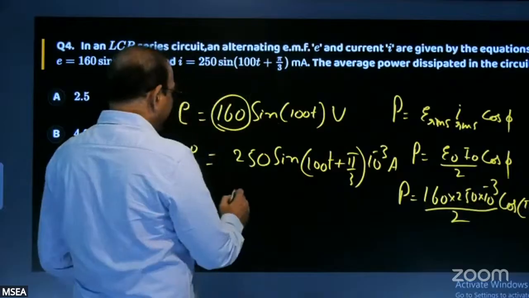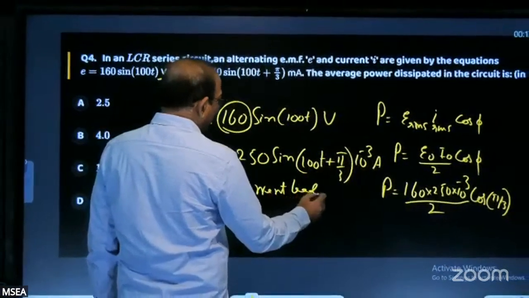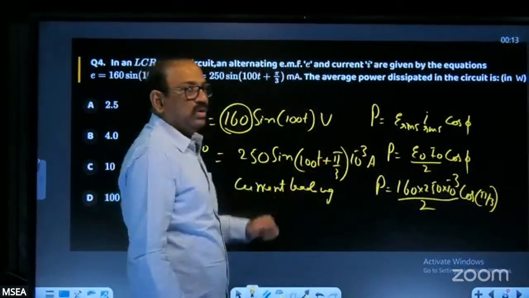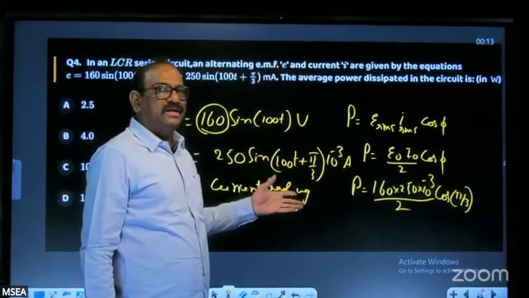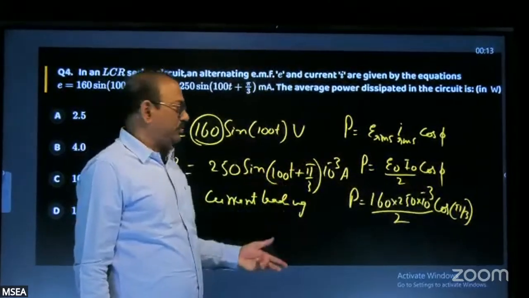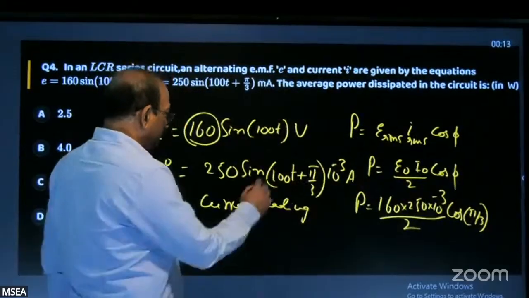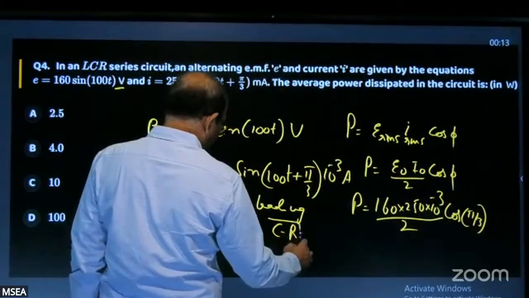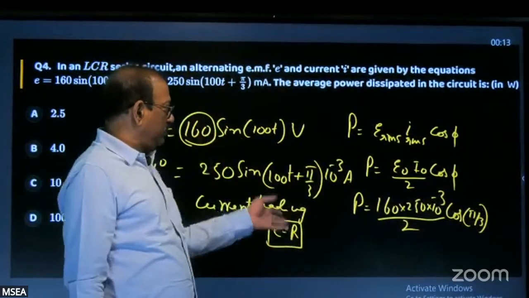That means current is leading. And by how much phase angle? It is not pi by 2. If it is pi by 2, it is a pure capacitor circuit. Current leading by pi by 2 phase angle means pure capacitor. This is less than pi by 2, 60 degrees is there here. Means it is a CR circuit. Not a pure capacitor. This is a CR circuit.